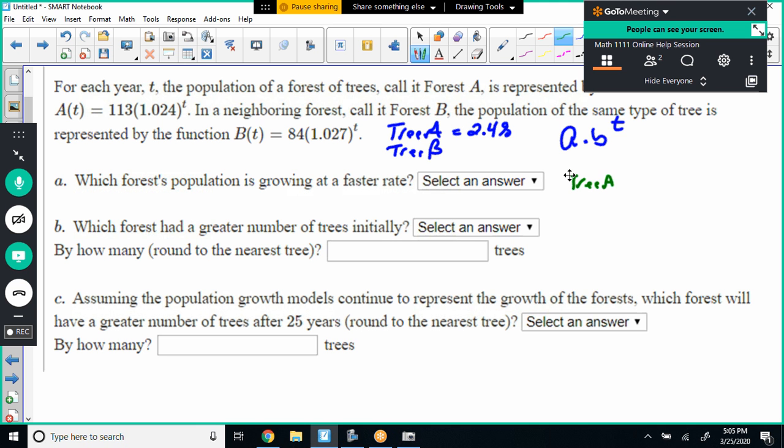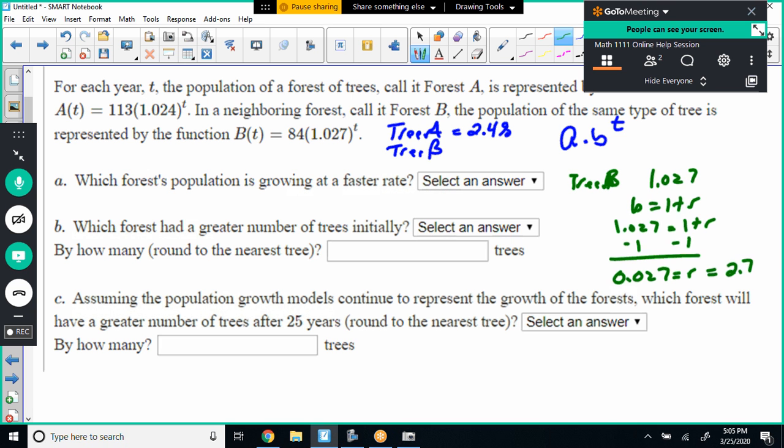Tree B is 1.027. The base equals 1 plus r, so 1.027 equals 1 plus r. Minus 1, 0.027 equals r, which equals 2.7%.